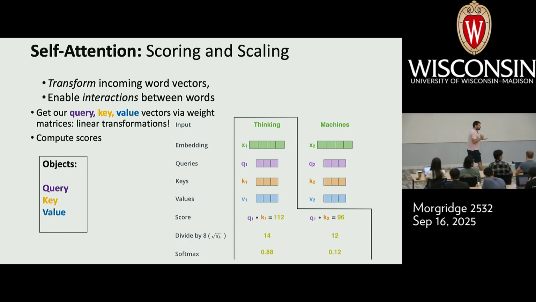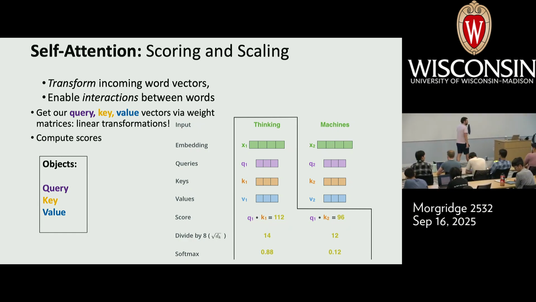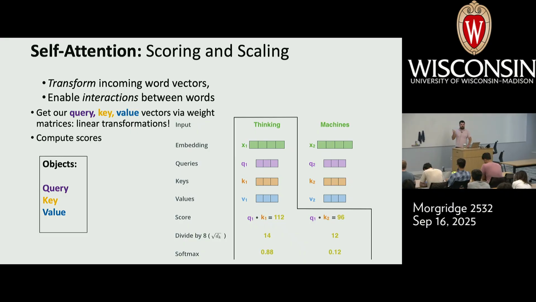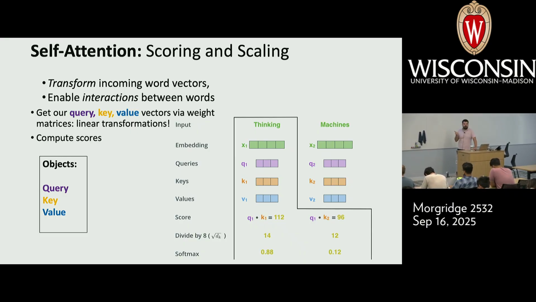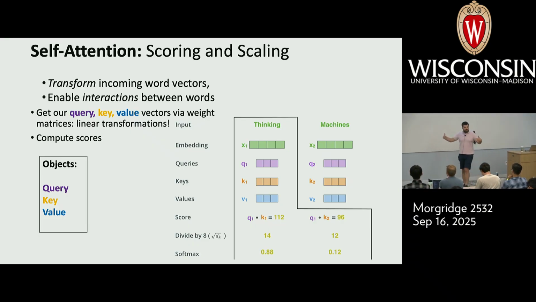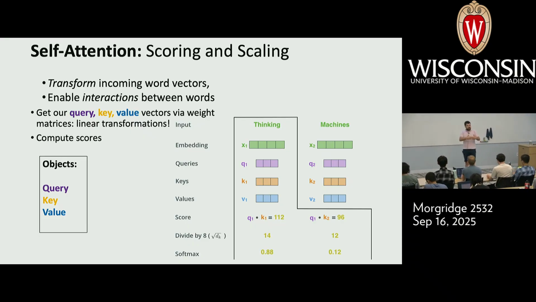Cool, good questions. Keep them coming. Any other questions about the operation so far? Cool. And again, the main thing to keep in mind is the way we're doing this process. We're going to start by looking at every word in our sentence, and then we're going to compare the current word I'm looking at with all the other words.